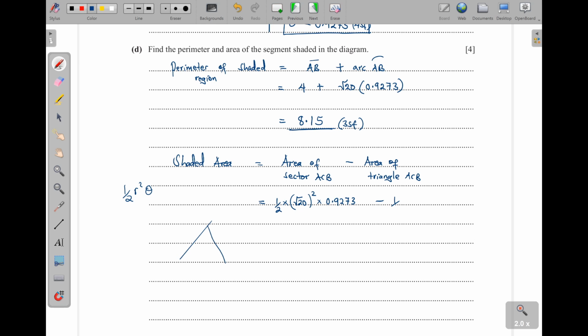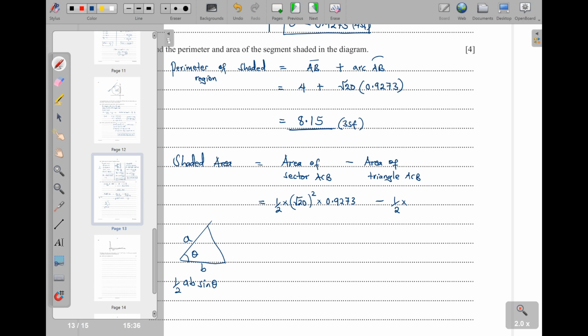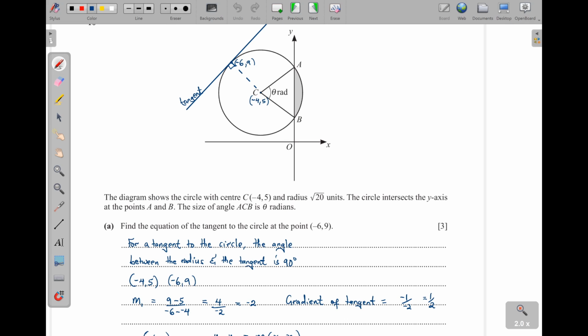You just need to get this length here and this length here, then the angle in between. So it is going to be a half, then AB, sine of the angle in between. So that will be a half times. Now, the triangle here, you can see that this is actually root of 20, and then this is root of 20.